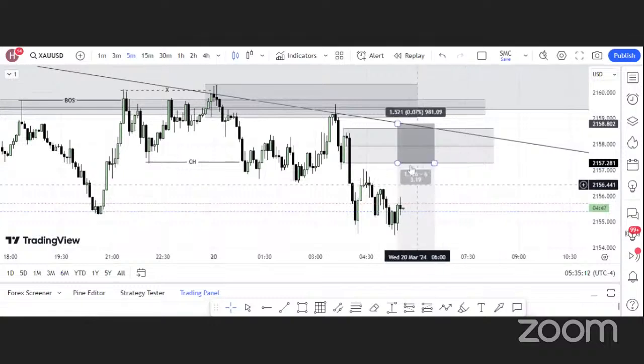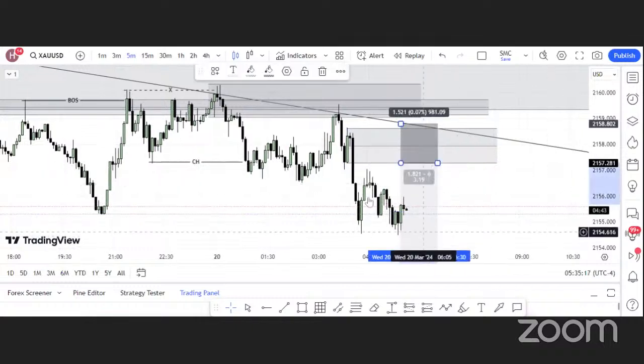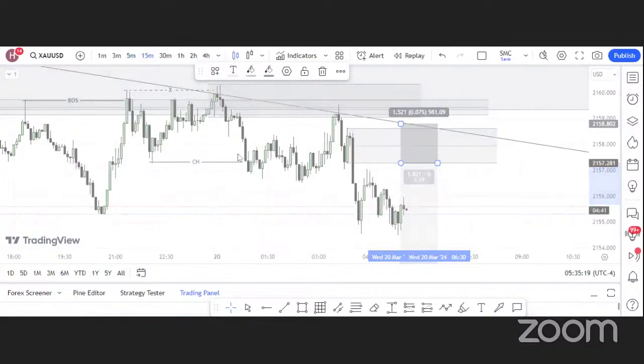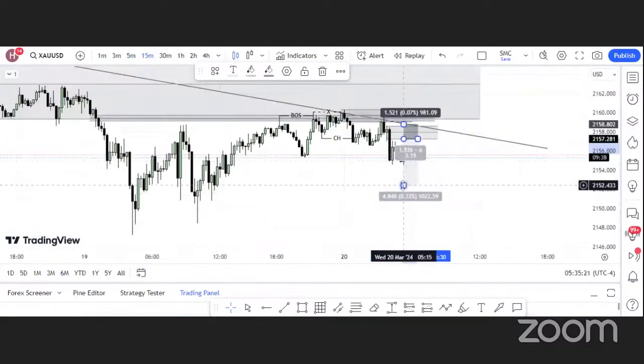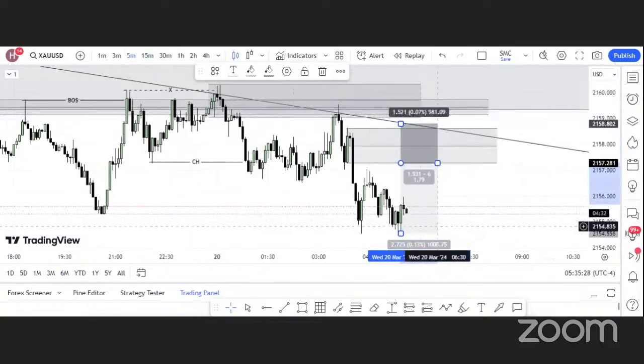So if the market comes to this zone, let's go to the 5 minutes time frame.